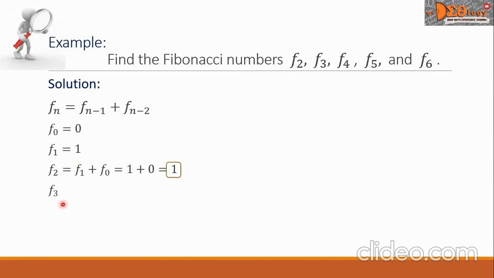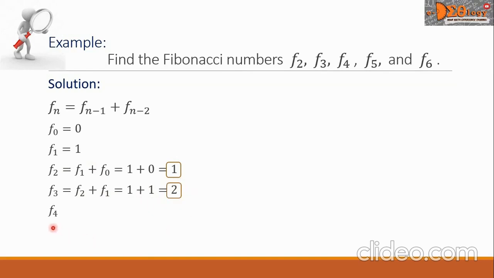Let us go to f sub 3. This is equal to f sub 2 plus f sub 1. The f sub 2 is equal to 1 plus f sub 1 is also equal to 1. So the sum is equal to 2. This value is the f sub 3.